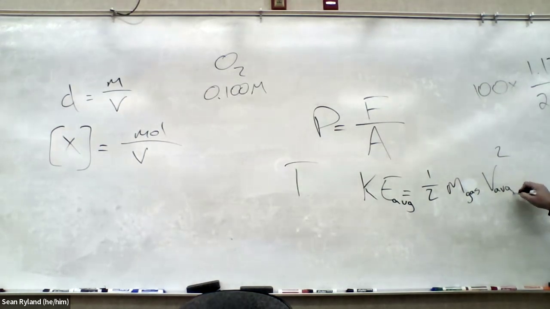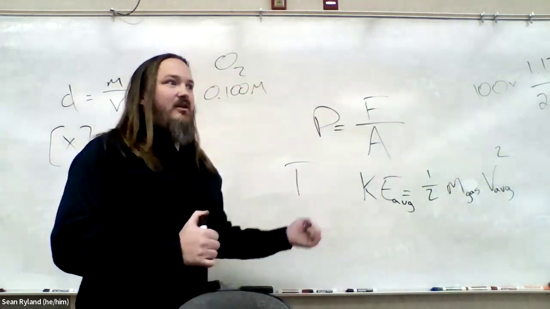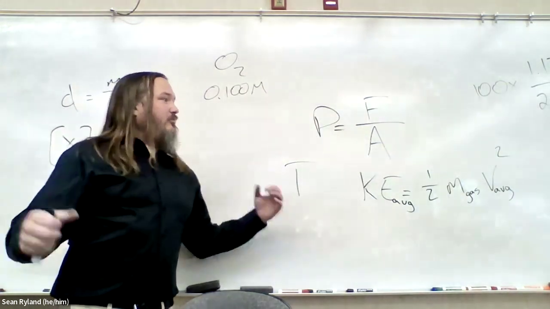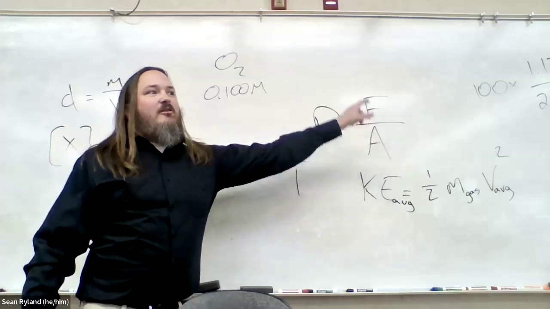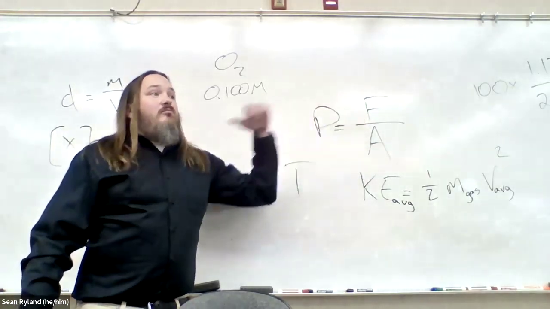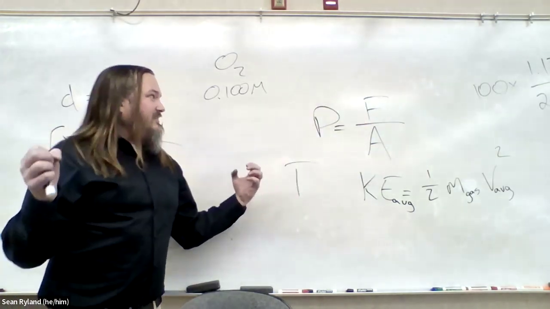And again, that's going to be average. If you increase the average speed of those molecules, you still have the same number of molecules and the same area, but each one of them is going to hit with more force. Right?